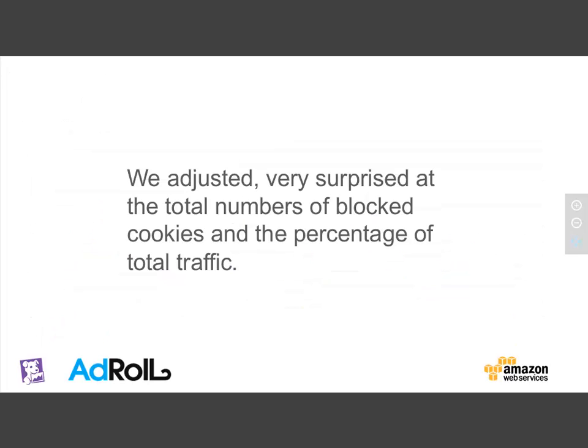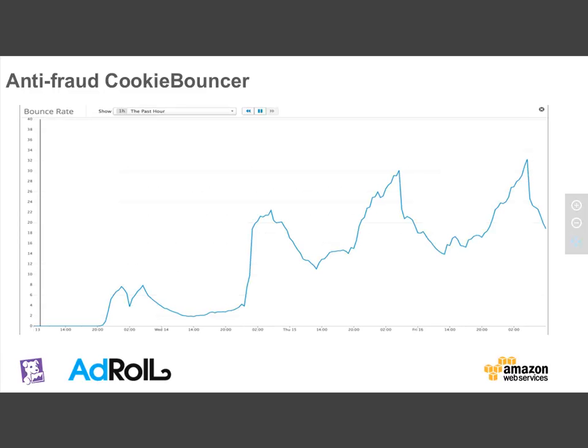But as we adjusted, we were very surprised at the total number of blocked cookies and the percentage of total traffic. As we crank the numbers up, from very conservative to a little less, but still very conservative, we see that the rate of cookie bounce just climbs very drastically. So on particular exchanges, I should say, there's a fair bit of traffic that is just fraud.